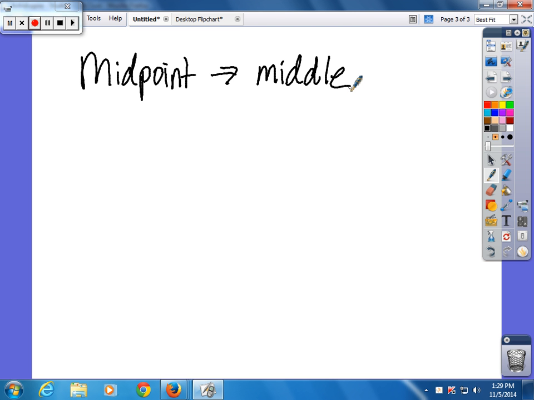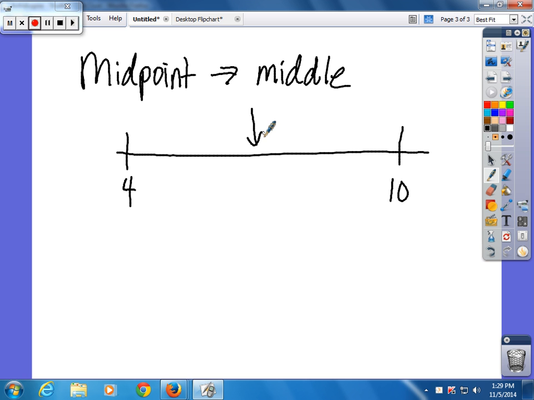Let's say that I give you a number line right here. Now this is real simple. And I give you a 4 right here. And I give you a 10 right there. Everybody with me? What's the middle?